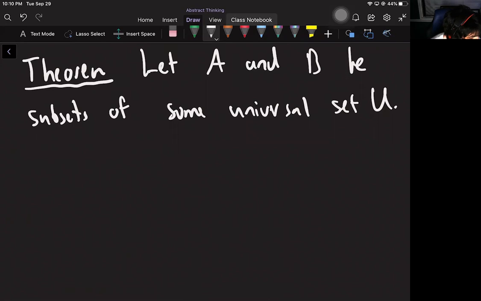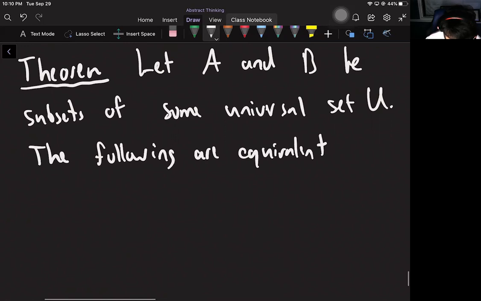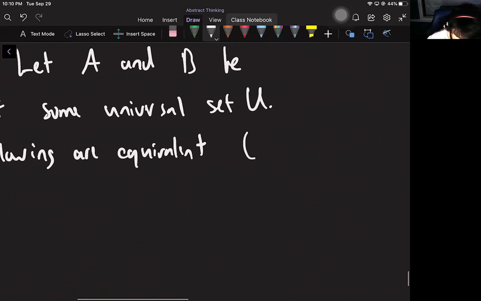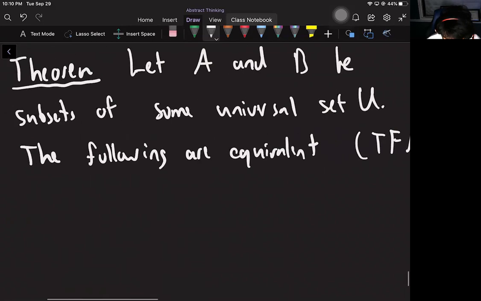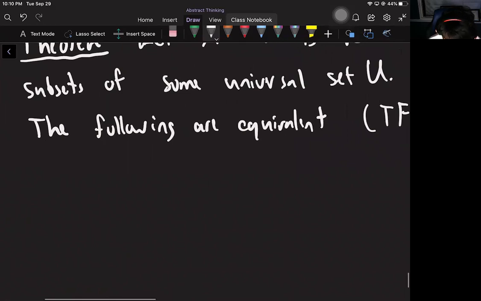Okay, so then a new type of statement. The following are equivalent. So how do you spell equivalent? So this is a phrase that math people say a lot, and sometimes they write TFAE, the following are equivalent, to mean that they want to say a bunch of if and only if statements.